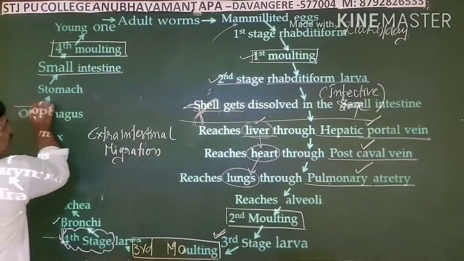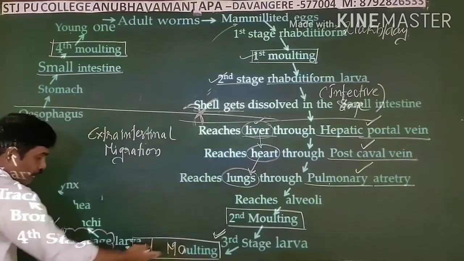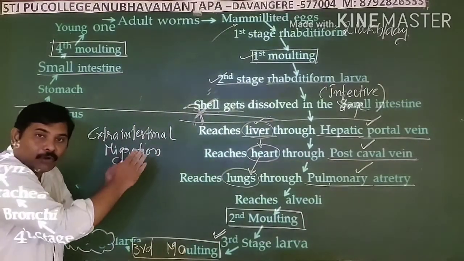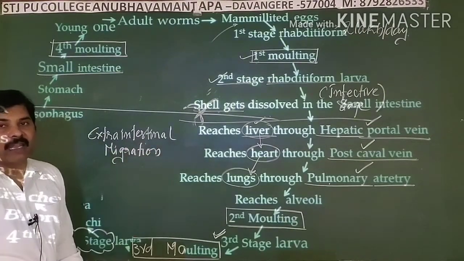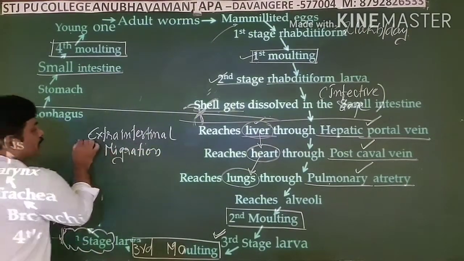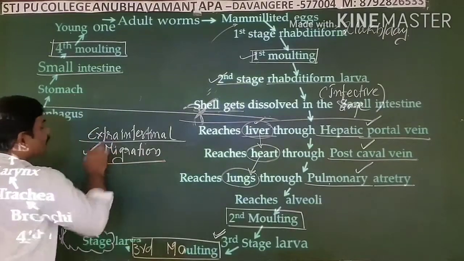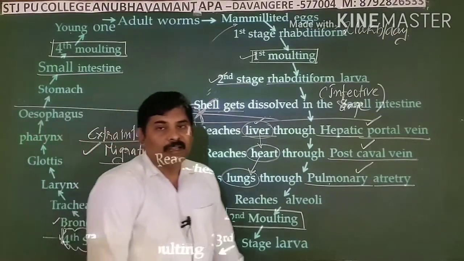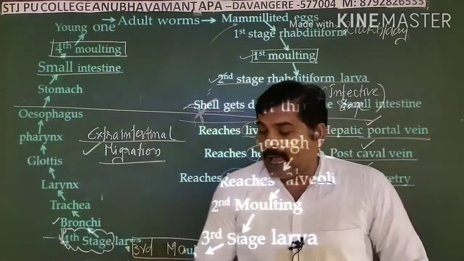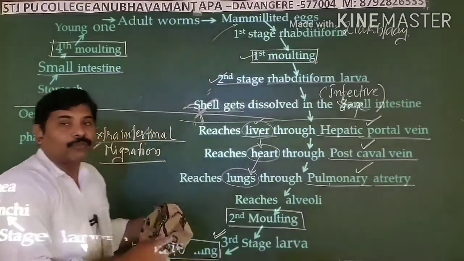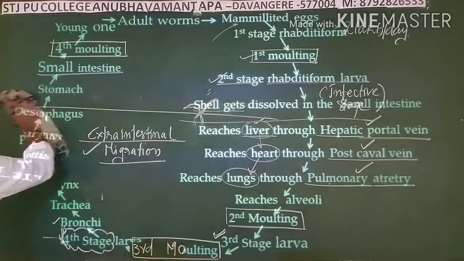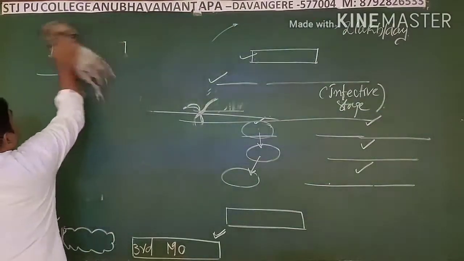This is the journey of the parasite which it carries out apart from the small intestine. So the entire journey is known as, important bit, extra-intestinal migration. And this is all about its life cycle. I will explain this one, and I will give you the picture of the entire life cycle, so it will be more clear to you.